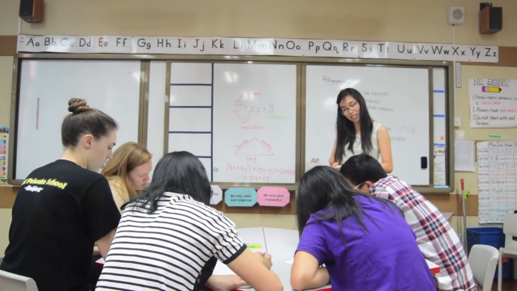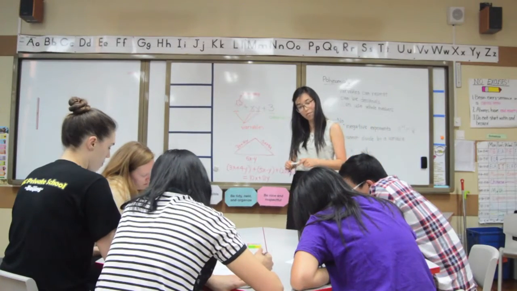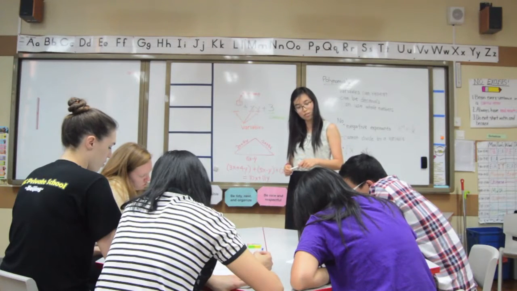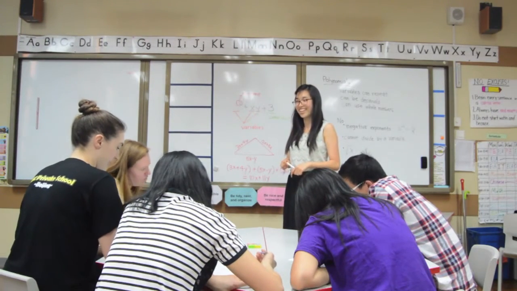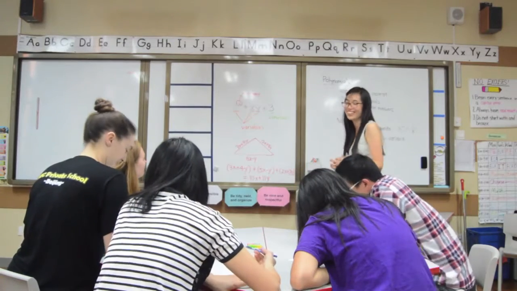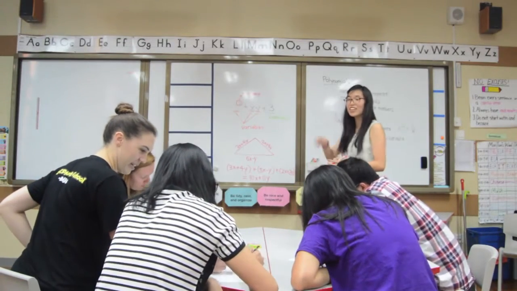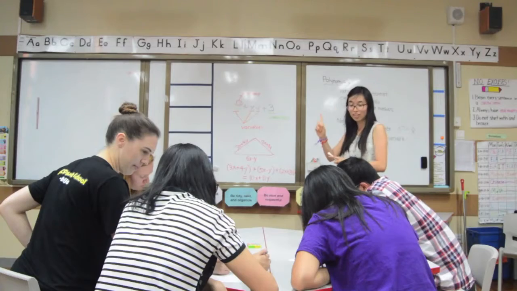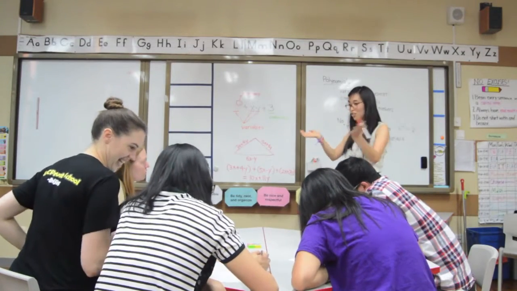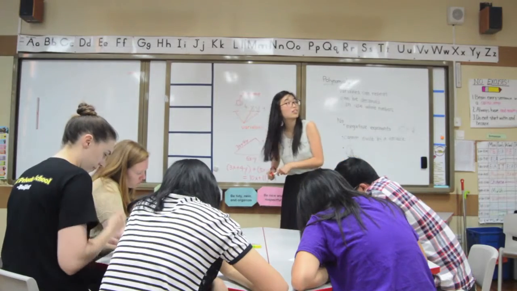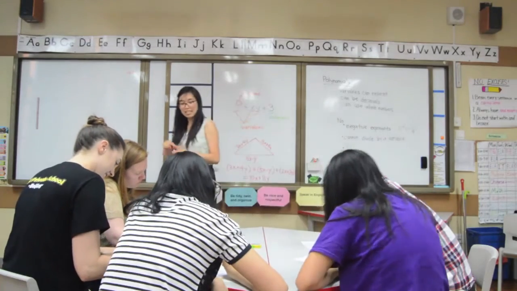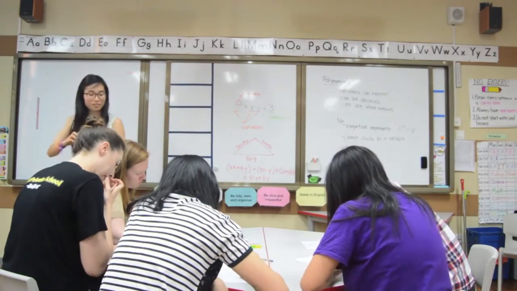Write an expression in terms of x and y that can be used to represent the area of the new playground. So first, I recommend drawing a picture so that you can see it visually and then approach it. You can do that for a minute and then we will discuss as a group.